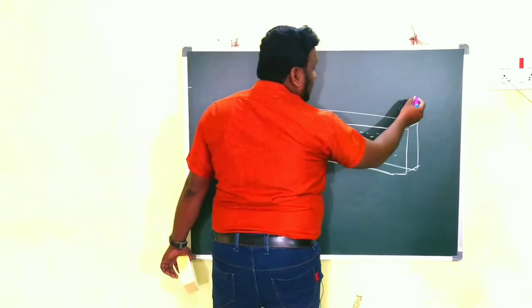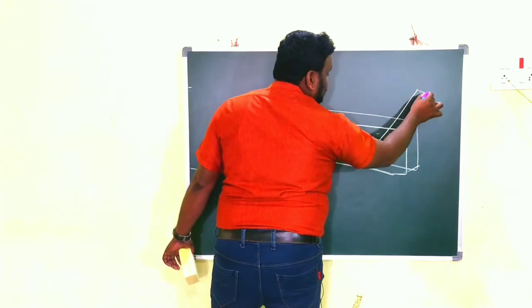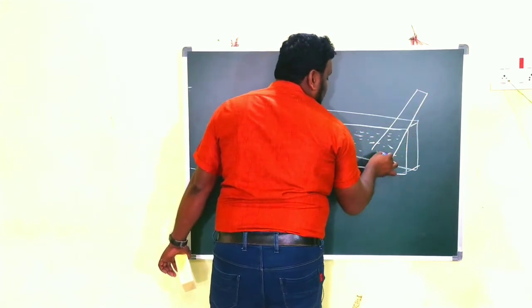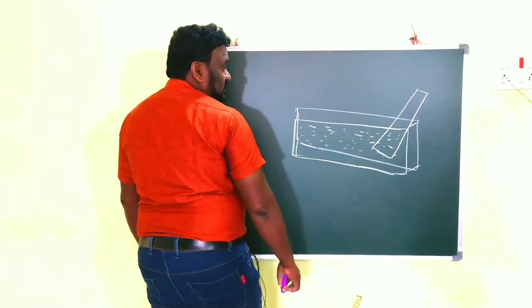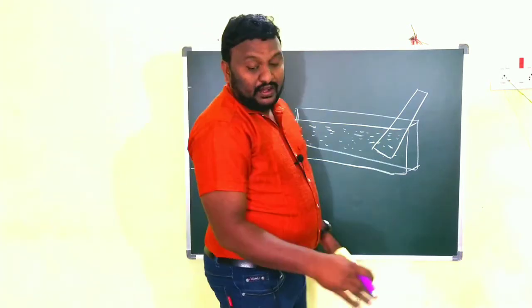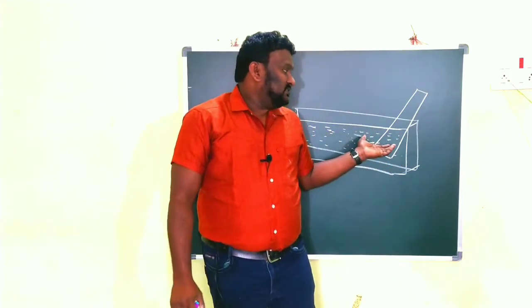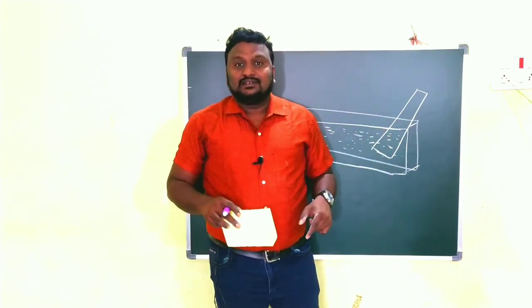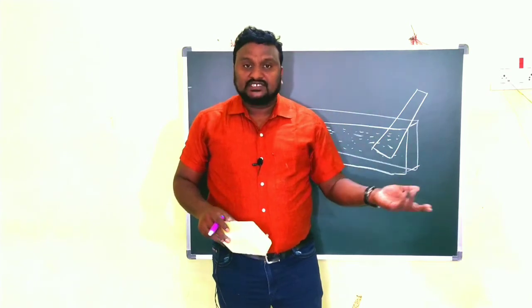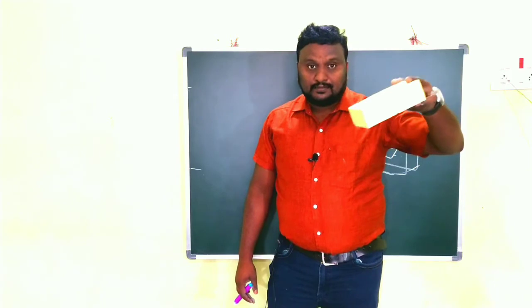In that we have to keep a mirror. Clear? We are taking a metal tumbler like a tub. In our textbook the diagram is very clear. We are taking a metal tumbler, already filled with some water, and in that you have to keep a mirror.